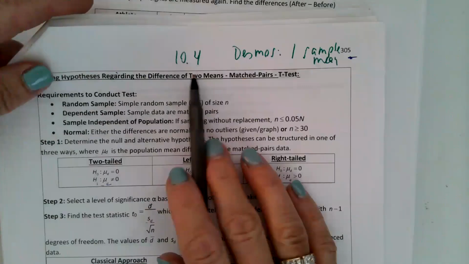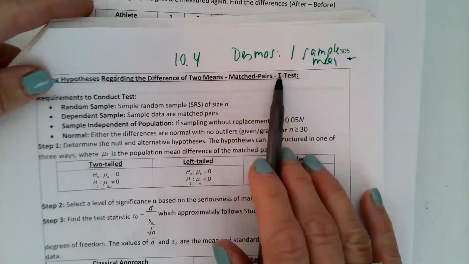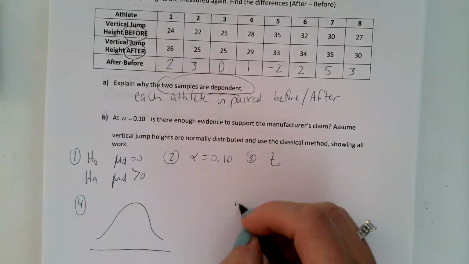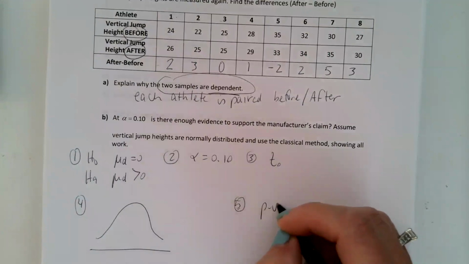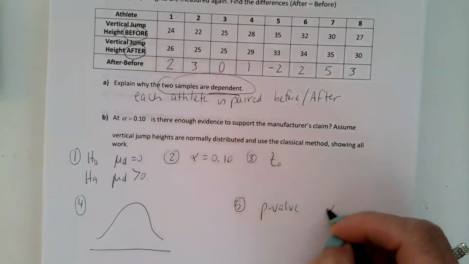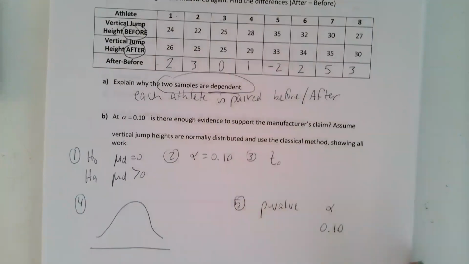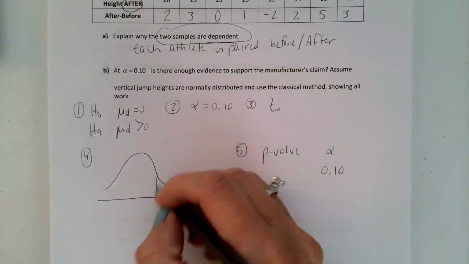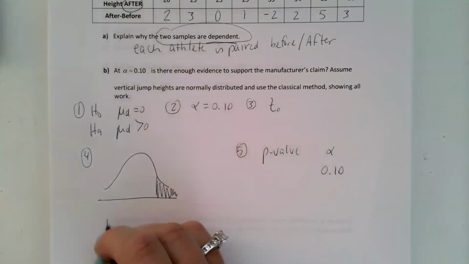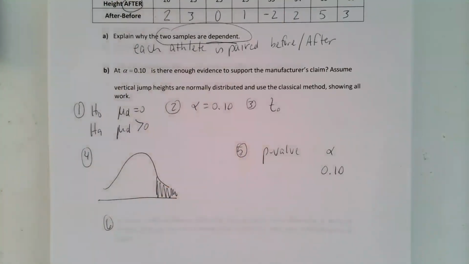So it's 10.4, but you're using a one sample mean in Desmos. Then we're going to be looking for our p-value, and we're going to compare that to alpha, which is 0.10. It's a right tail test because it's a greater than. So let's go ahead and go to Desmos for that.